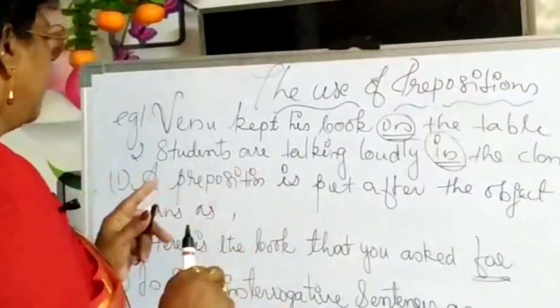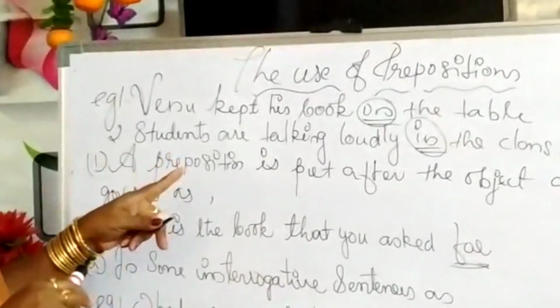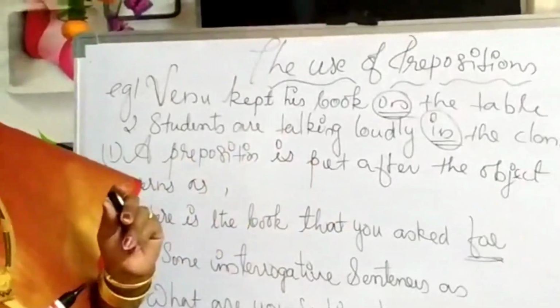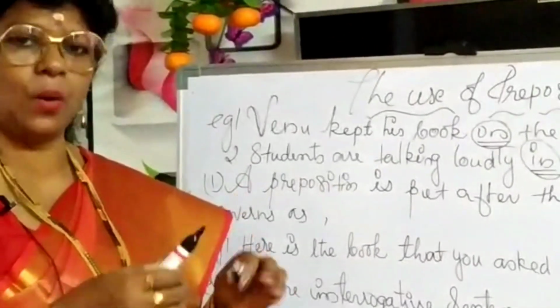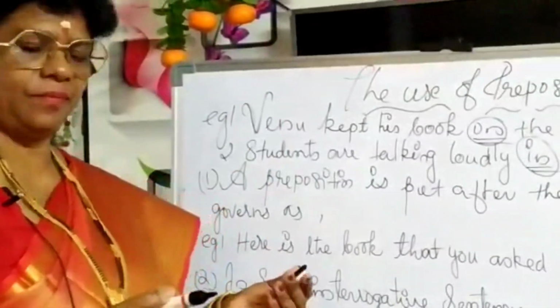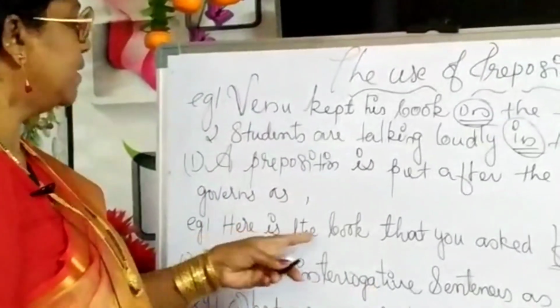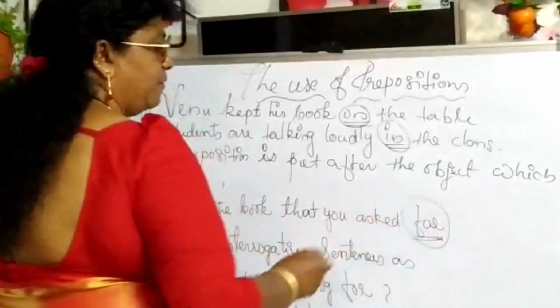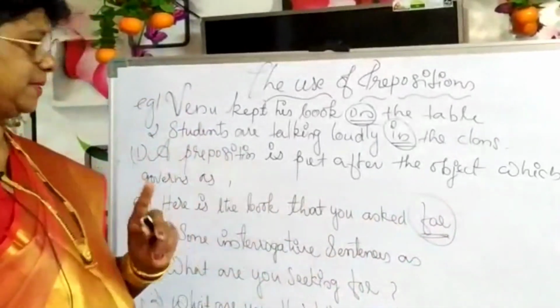Then, a preposition is put after the object which it governs. For example, here is the book that you asked for. Here we kept the preposition last.